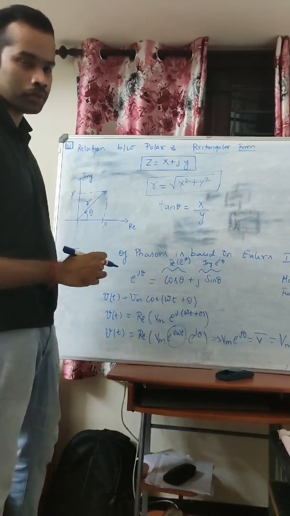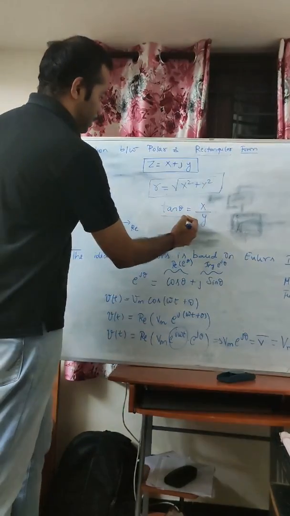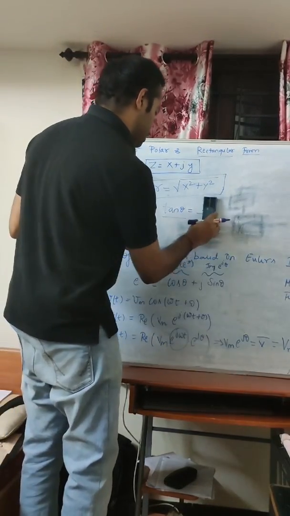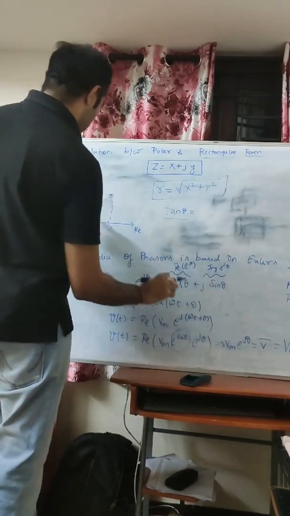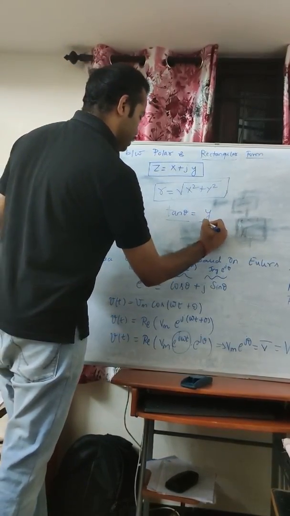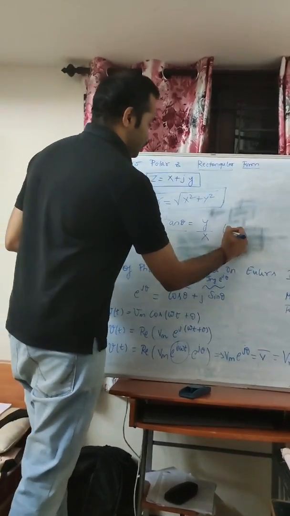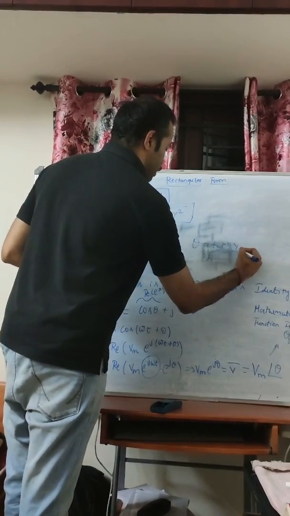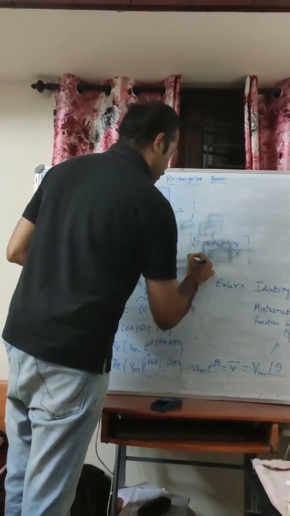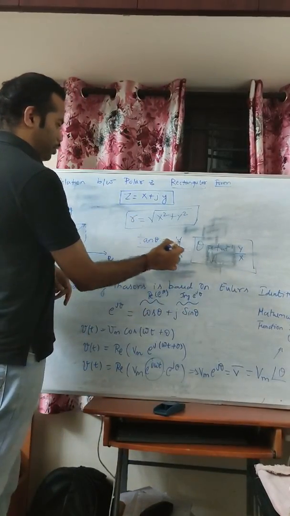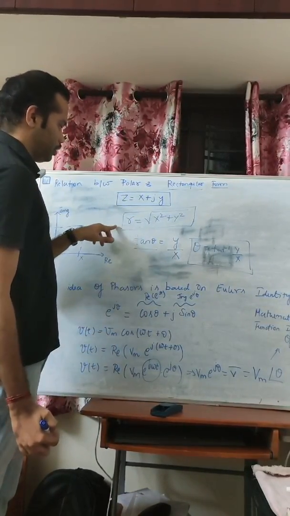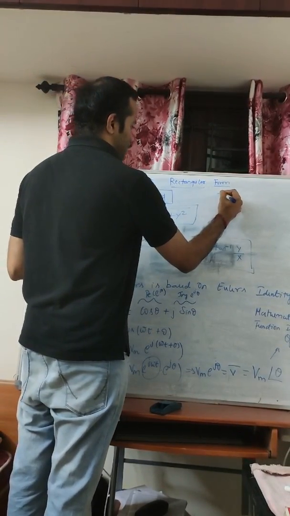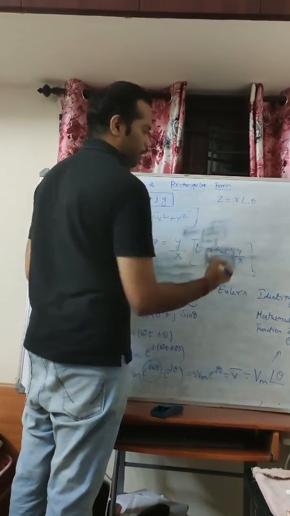Sorry, I wrote it wrongly earlier; it is y by x. So theta is tan inverse of y by x. With this you get both the magnitude and theta, which is the representation of your polar form, z equal to r theta.